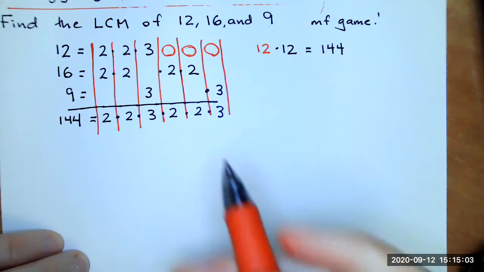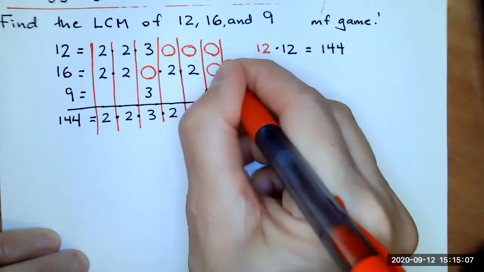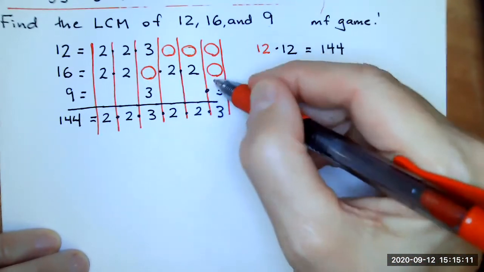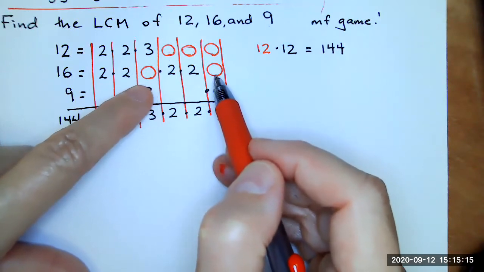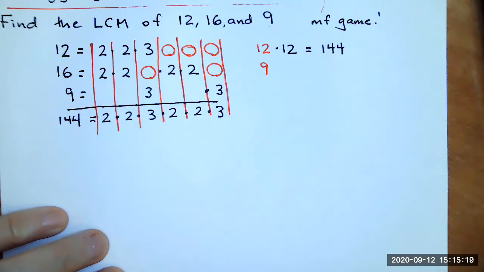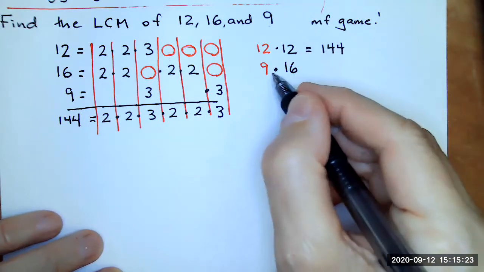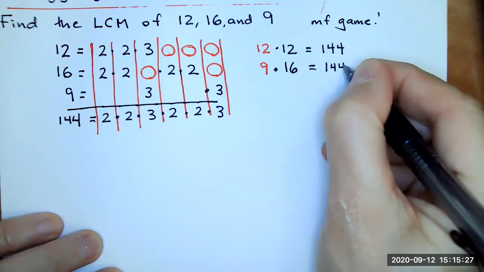What's 16 missing? Well, it's missing a number in the 3 column and the other 3 column. So it's missing 3 times 3, which is 9. 9 times 16 is 144.